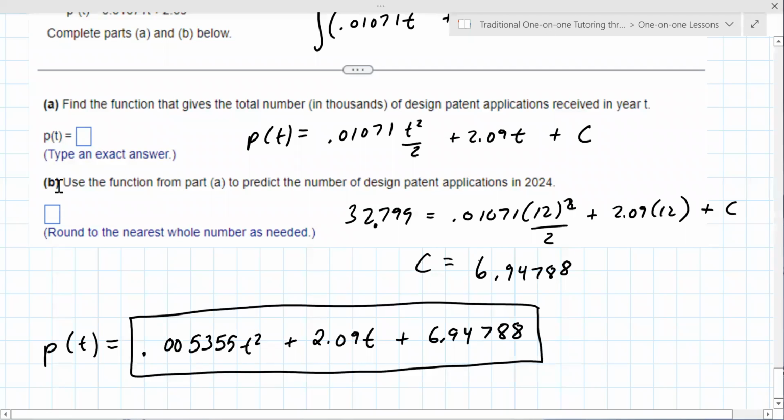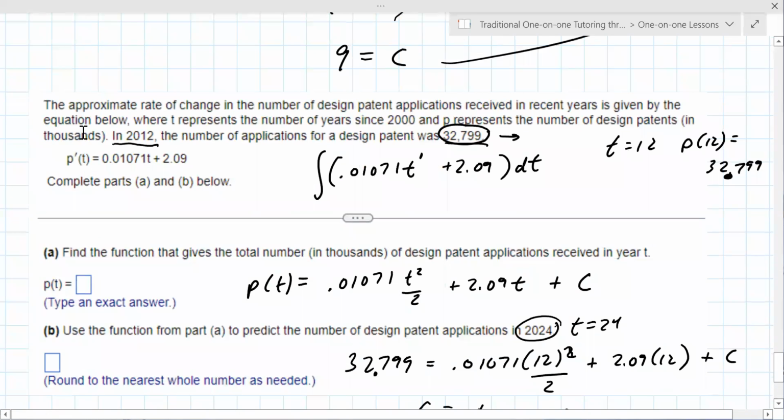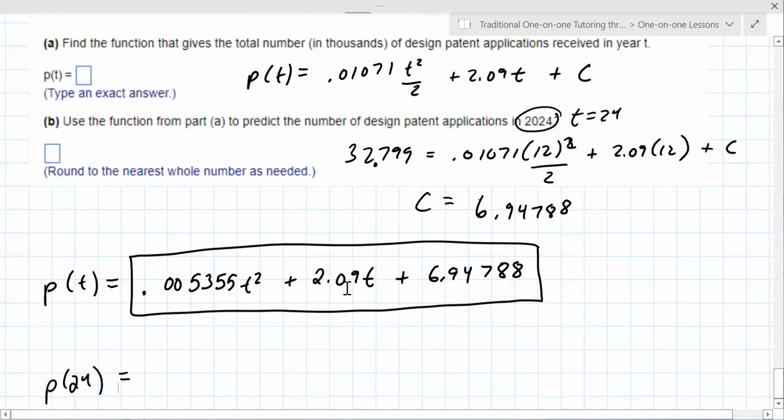Now to find the answer to part B, you take this equation for part B and it wants it in 2024. So that's t equals 24. So we evaluate this equation when t is 24, but again, you have to deal with the fact that it's in thousands. So you have to multiply your answer by 1,000.